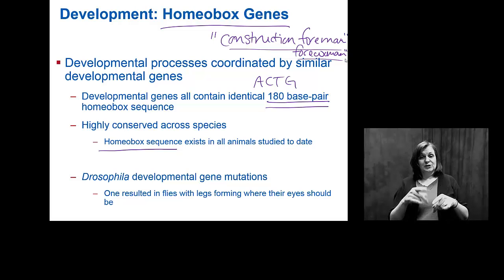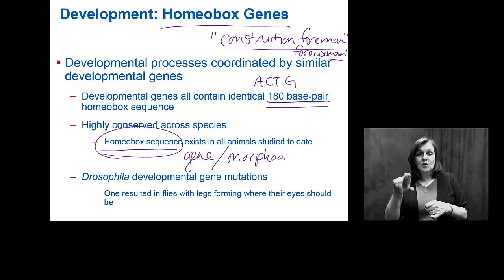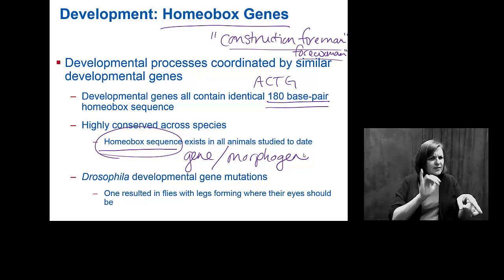They don't necessarily get their hands dirty in the process. No offense, but they don't. But what they do is make sure that everybody else does their job right. That's the job of a homeobox sequence. It's to make sure that every gene, every morphogen that is regulated and working on this developmental process does its job when it's supposed to and as well as it is supposed to, okay?